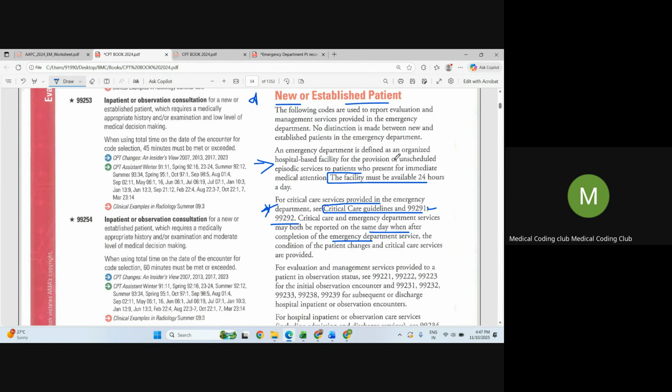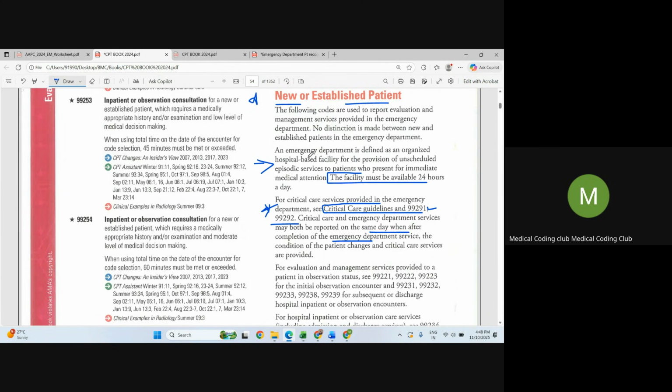Okay, but once the patient goes to the emergency department, the physician is either admitting the patient, or asking the patient to get admitted, or giving the critical care service. So based on the service given in the emergency department, we will code based on those services.